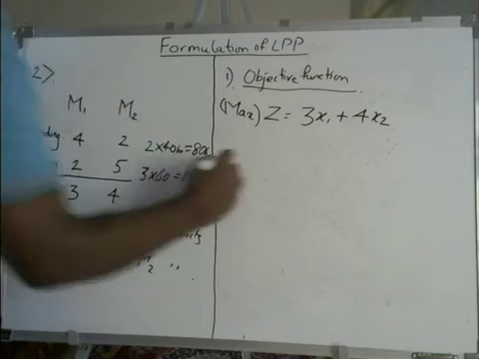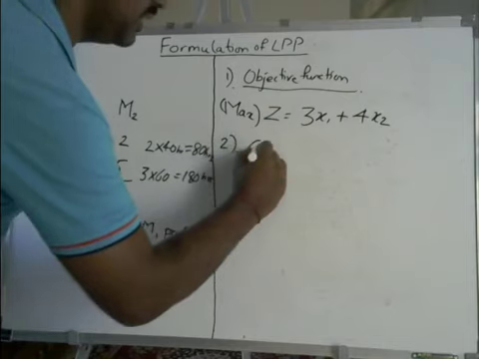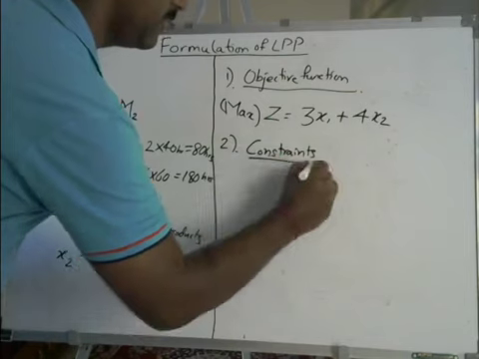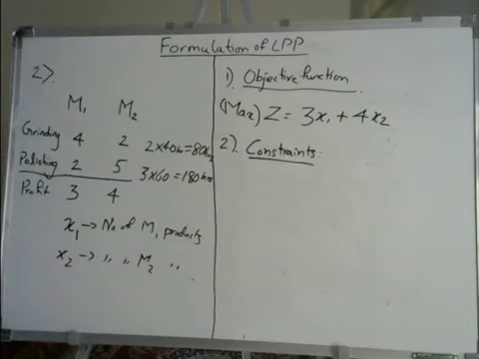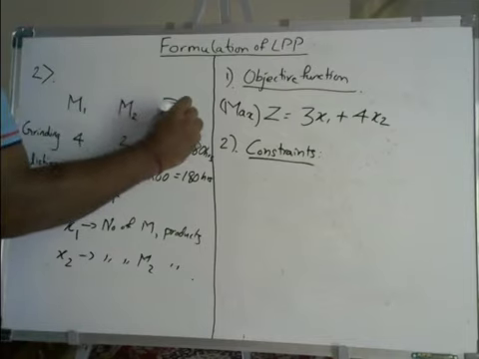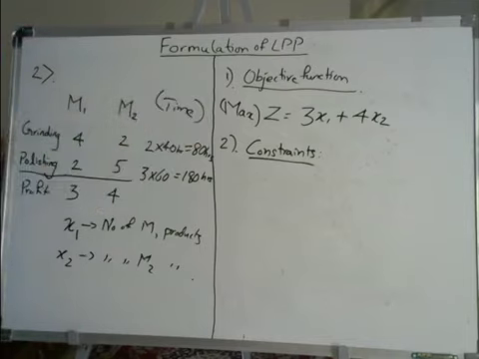So the first step is done, we have done the objective function. Second step, we have to go for understanding the constraints in this problem. The first constraint is the grinding constraint, then the polishing constraint. This is basically just a time constraint for both of them.